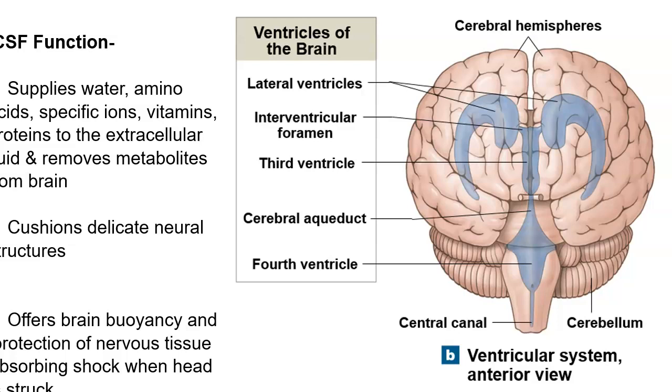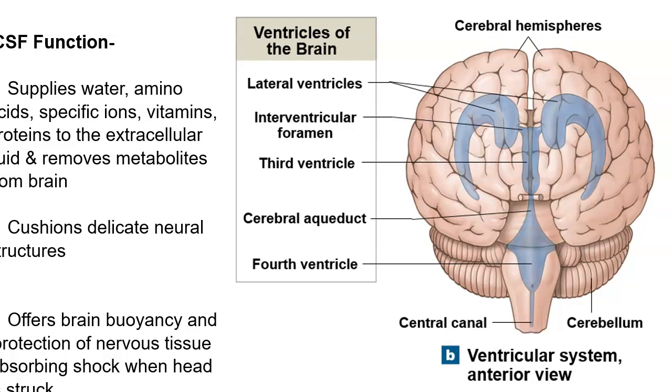You can see that interventricular foramen that leads down to the third ventricle, the cerebral aqueduct, and then the larger fourth ventricle at the bottom. And then you'll notice below that is the central canal, which we know runs through the spinal cord. So that's kind of where the cerebrospinal fluid gets down into the spinal cord.